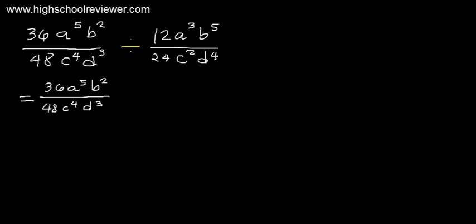Instead of division, we are now going to proceed with multiplication, and we are going to get the reciprocal of this. So for the reciprocal, the denominator will become the numerator, and this is now 24 c squared.